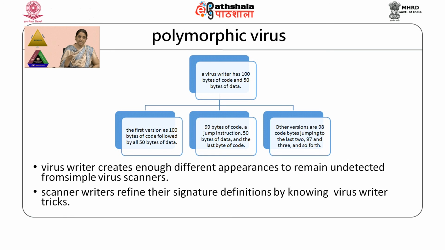In another variant, they write 99 bytes of code, have 50 bytes of data and then the last byte of code. In another variant, have 98 bytes of code, 50 bytes of data and then 2 bytes of code. So, the variations can go on: 97 bytes of code, 50 bytes of data and then 3 bytes of code, and so forth.